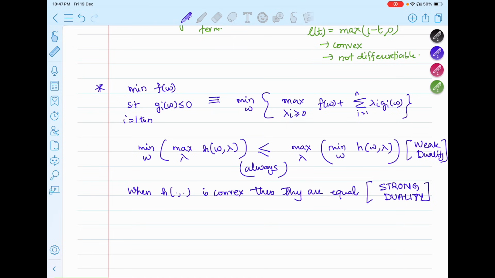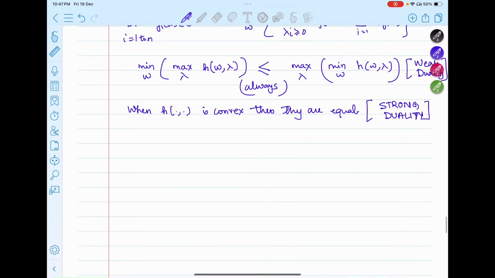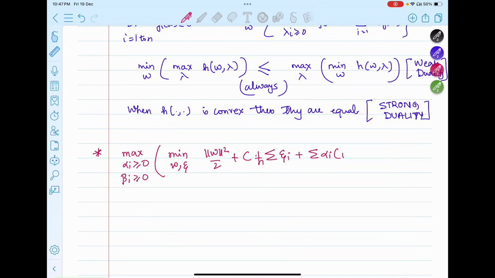Why is it beneficial for us? Because, see, what is our dual? Our dual will be max with respect to alpha_i non-negative and beta_i non-negative, min with respect to w and zetas, norm w squared by 2 plus C times 1 by n summation zeta_i plus summation alpha_i times (1 minus y_i w transpose x_i minus zeta_i) plus summation beta_i times (minus zeta_i).